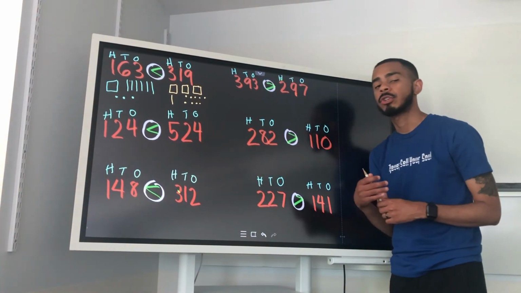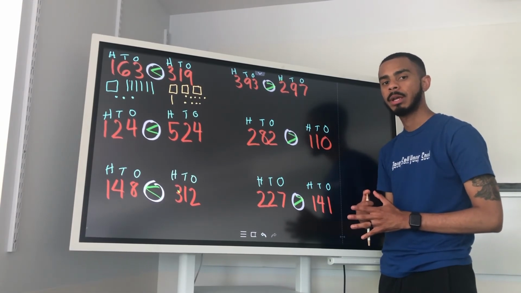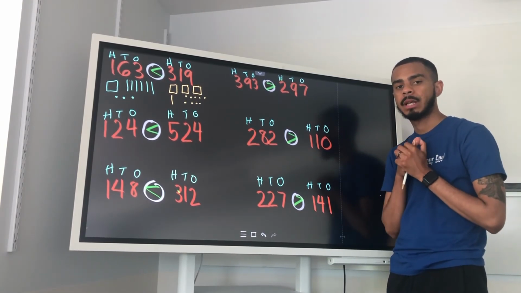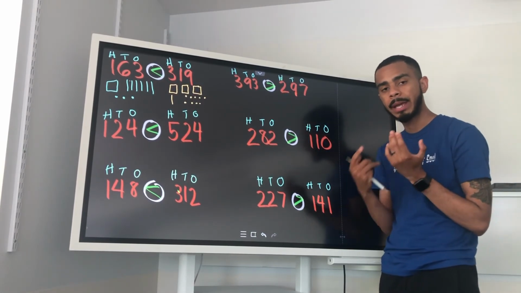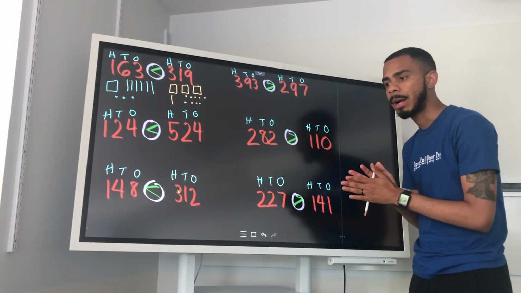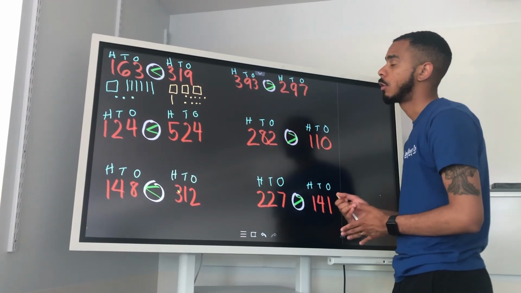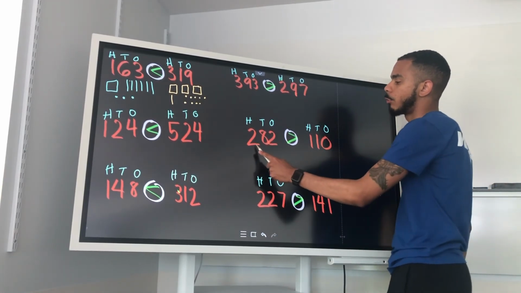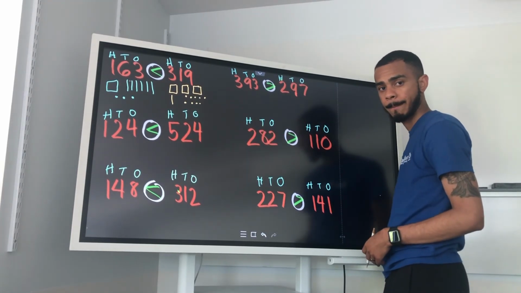Okay, so this was the only set of practice problems that we're going to do. The overall point of this lesson, and what I wanted everyone to get out of it, is that when we compare 2 numbers, you start by looking at the largest place value first. The largest place value in 3-digit numbers is the hundreds place.